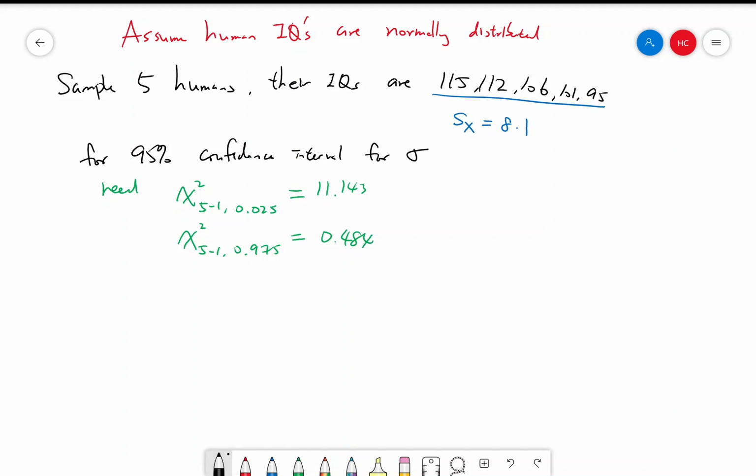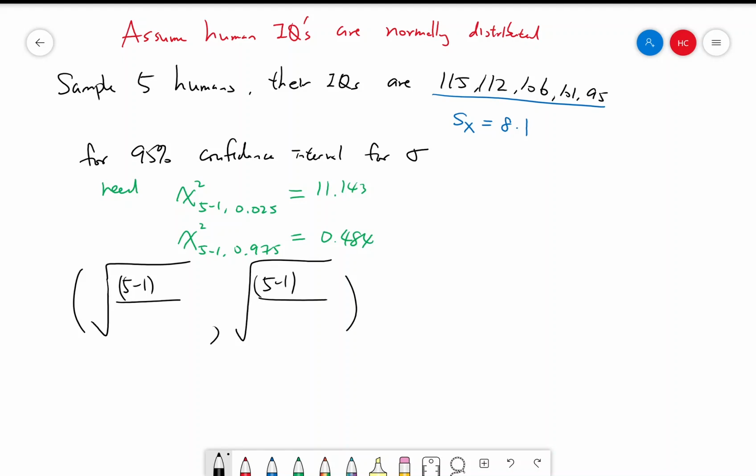Now we can construct a 95% confidence interval for sigma. It's a giant square root with n minus 1, so it's 5 minus 1, times s squared, which is 8.1 squared. At the bottom, we have the two chi-square values.